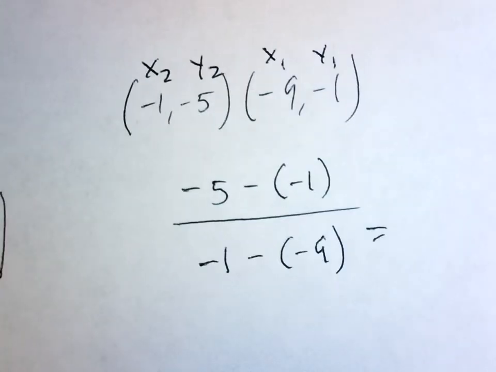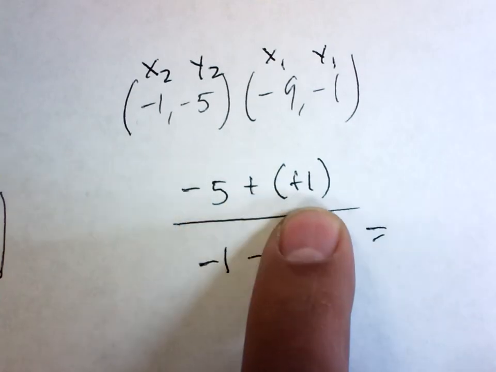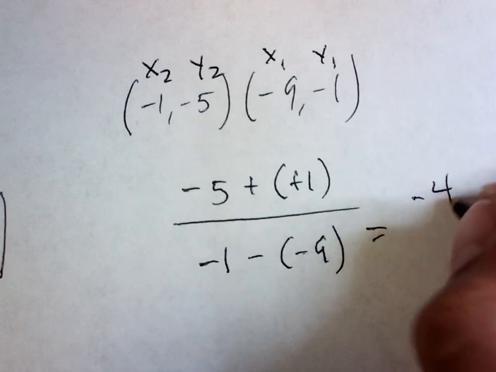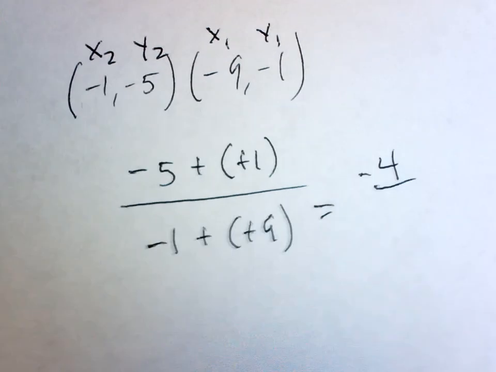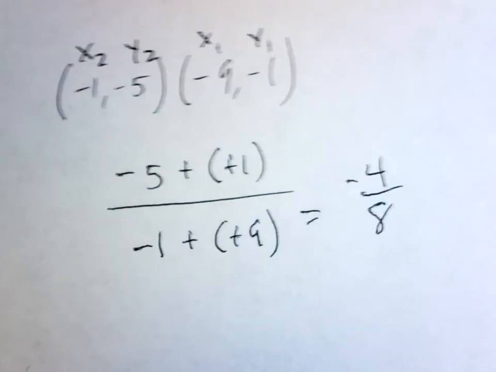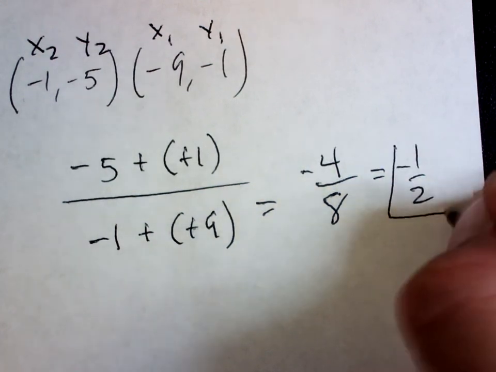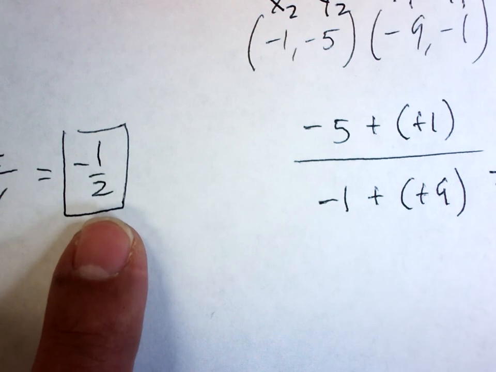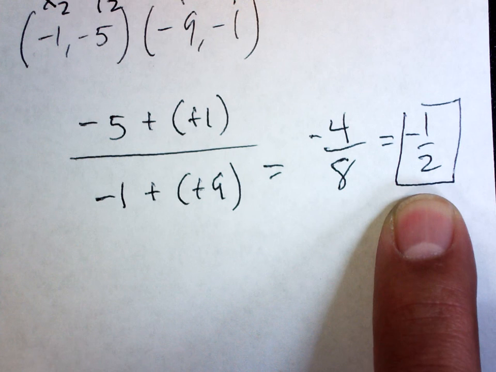Minus minus means plus, so negative 5 plus 1 is negative 4. Minus minus is plus, so negative 1 plus 9 is 8, so negative 4 over 8 is also negative 1/2. So it does not matter the order you go in as long as you go in the same order with both your x's and your y's.